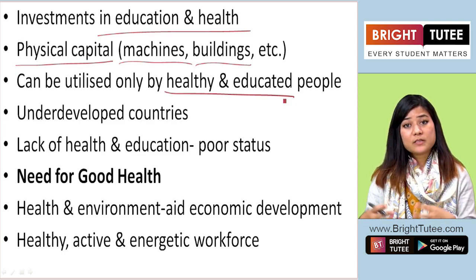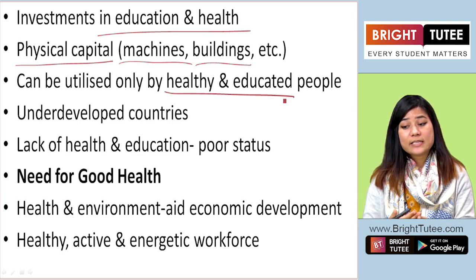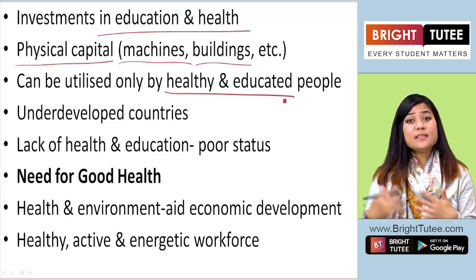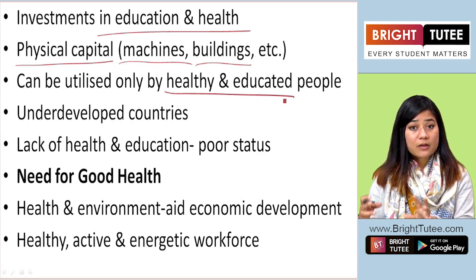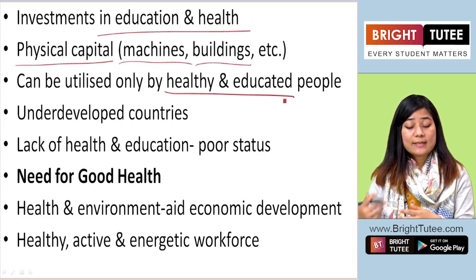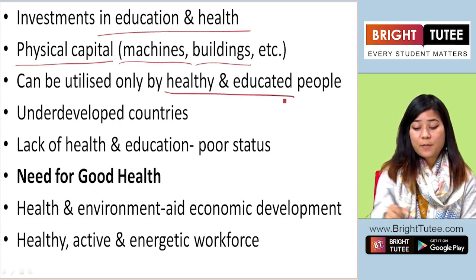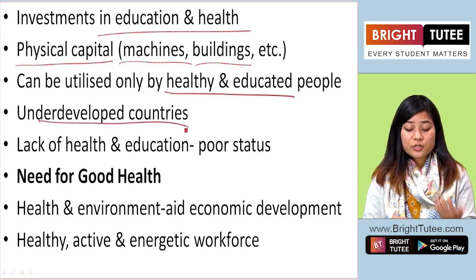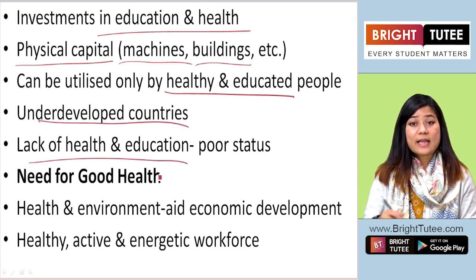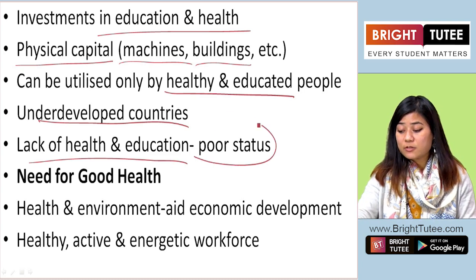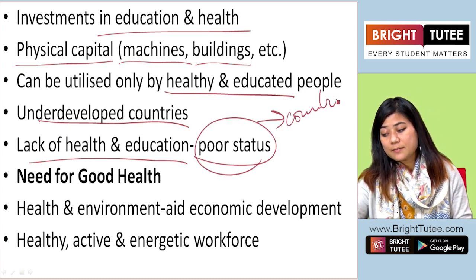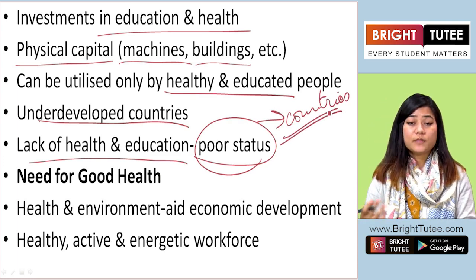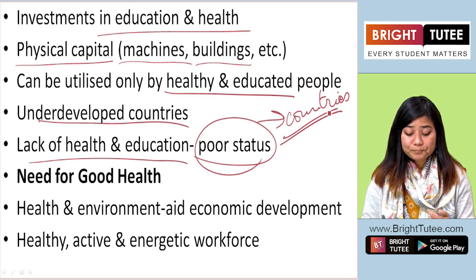When the people are not healthy and educated, then the physical capital in that country becomes unused, and that leads to underdevelopment of the country. So you see, lack of health and lack of education leads to the poor status of countries. That means underdevelopment of the countries.